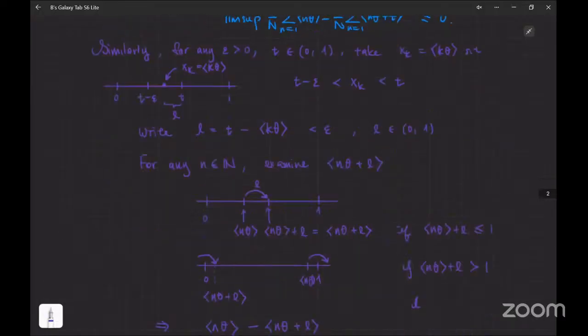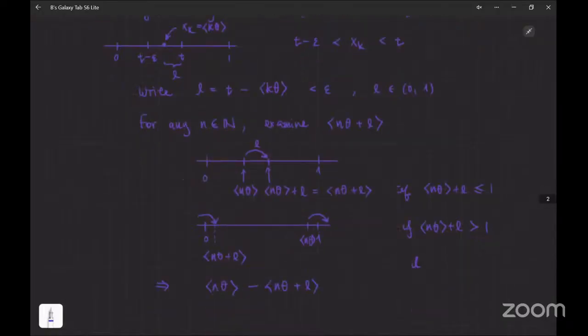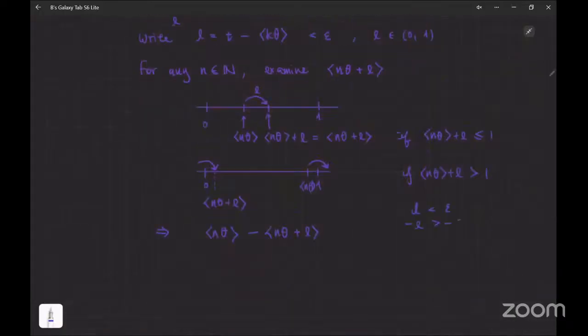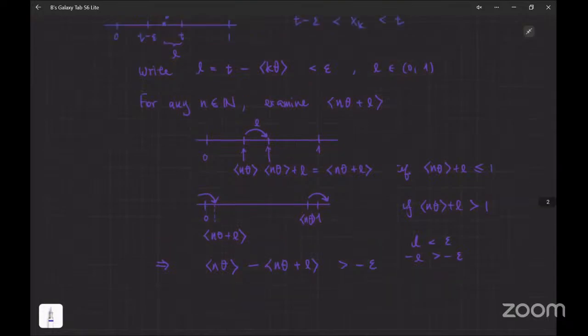So L is less than epsilon, so minus L is greater than minus epsilon. So in that case, this is equal to minus L, which is greater than minus epsilon. And in the first case, this is true.